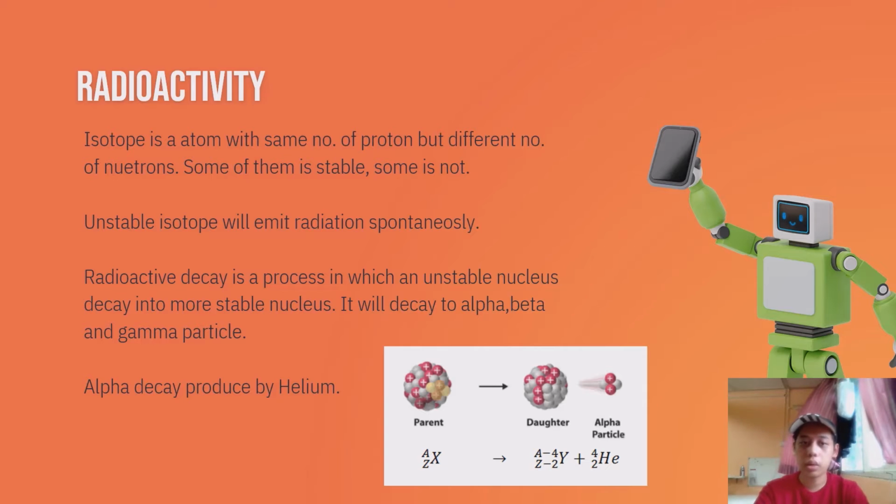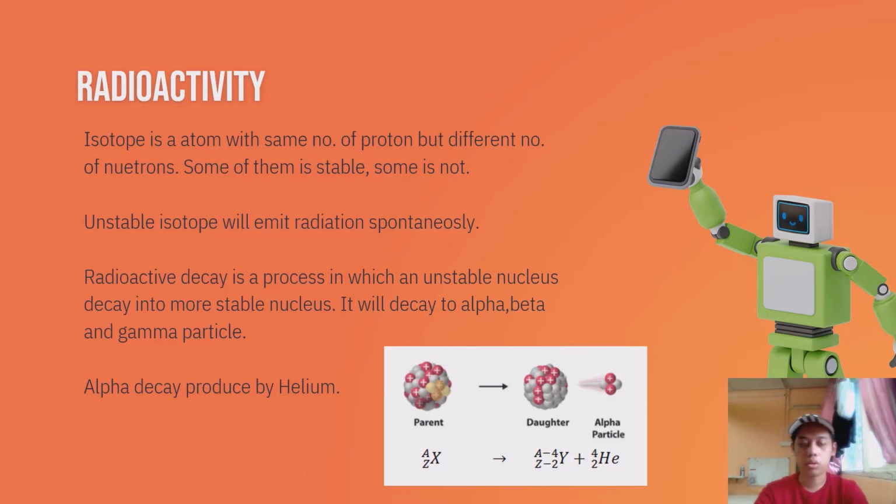Unstable isotopes will emit radiation spontaneously, and radiation is not good for humans, right? So radioactive decay is a process in which an unstable nucleus decays into a more stable nucleus, and it will decay into three types of particles. So first we have alpha, beta and gamma.